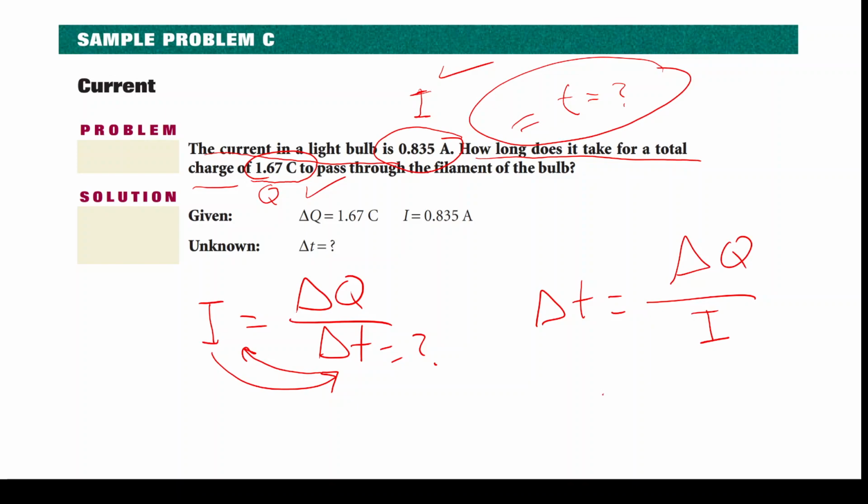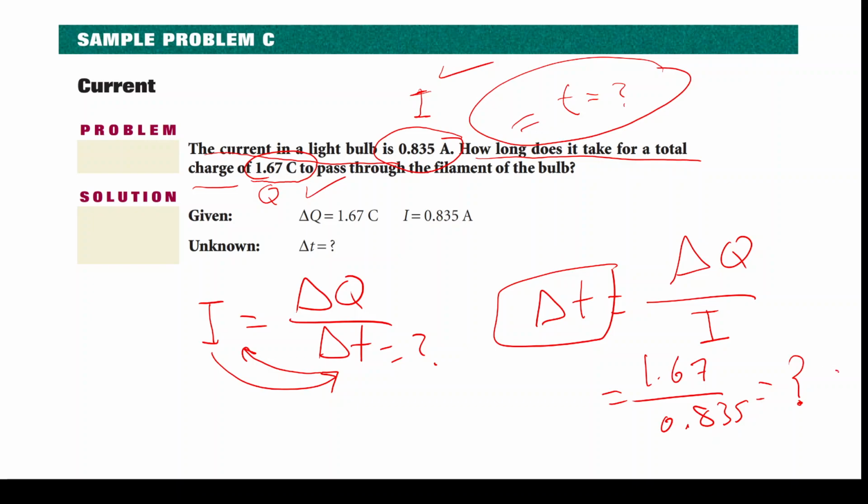That's it. Put the numbers back in. Delta Q is 1.67. I is 0.835. You divide those two numbers, you will get your value. And the unit for this question, because we solved for time, is seconds. So whatever you find in your calculator, you will measure this in seconds.